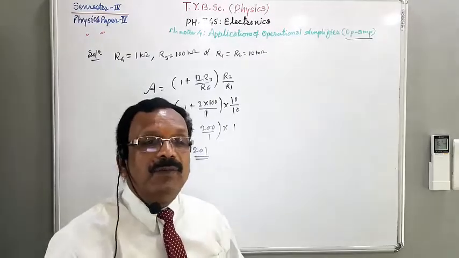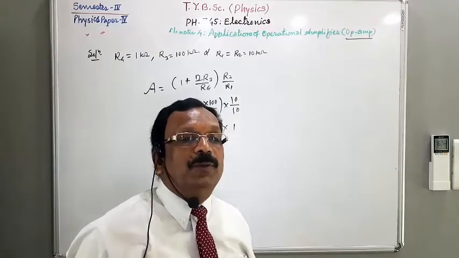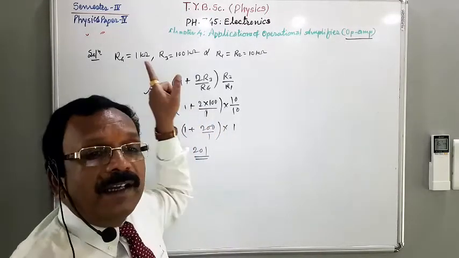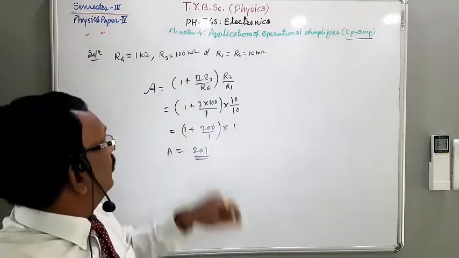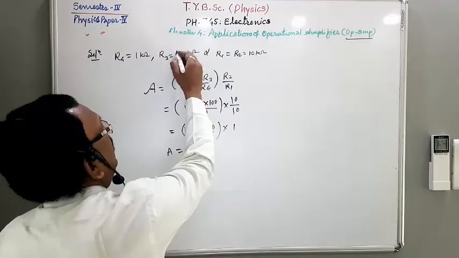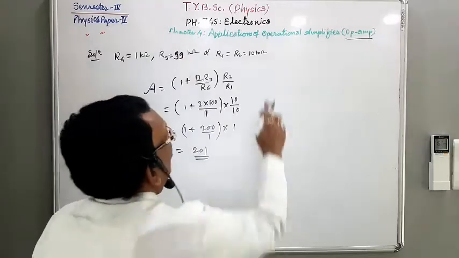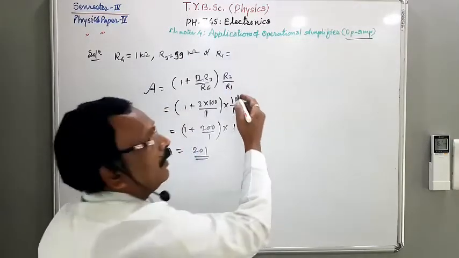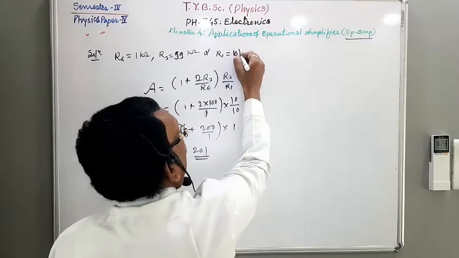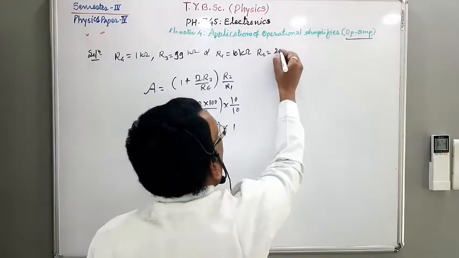Now we are going to see a similar type of problem, also on the instrumentation amplifier, where the data is changed. Rg is equal to 1 kilo ohm, R3 is 99 kilo ohm, R1 is equal to 10 kilo ohm, and R2 is equal to another value, 20 kilo ohm.